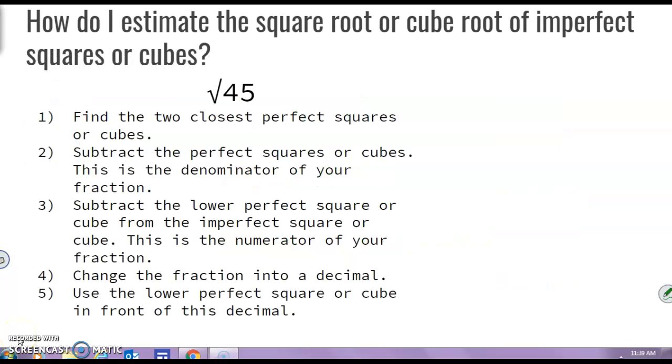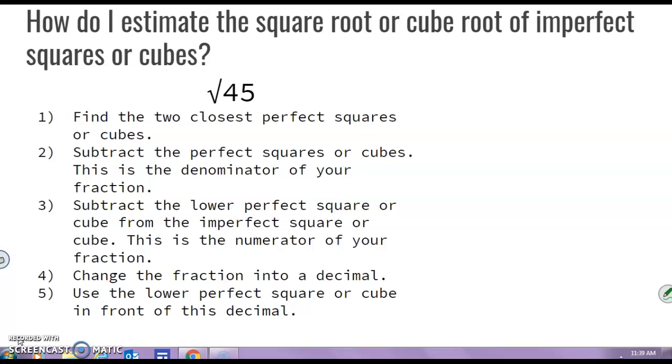So how do I estimate the square root or cube root of imperfect squares or cubes? The first step is to find the two closest perfect squares or cubes. In the example shown on the board, we're going to look at the square root of 45.